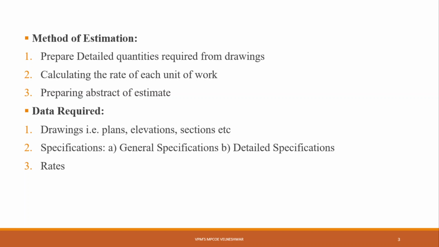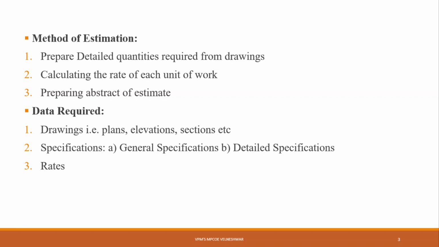And in detailed specification of first class brickwork, there is the procedure of how to make a mortar, then how to lay the bricks, all the procedures, then the proportion of mortar. All these details are in detailed specification.